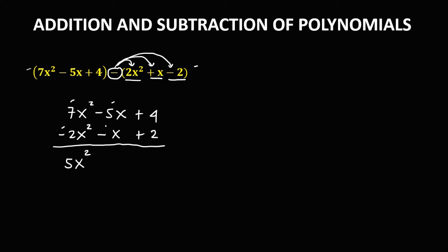Then this negative 5 and negative x, since negative x is the same as negative 1x, and the signs are the same negative, just copy the sign, then add this 5 plus 1, that's 6, so we have now negative 6x. Then this positive 4 and positive 2, that's positive 6. So this is now the difference of these polynomials.